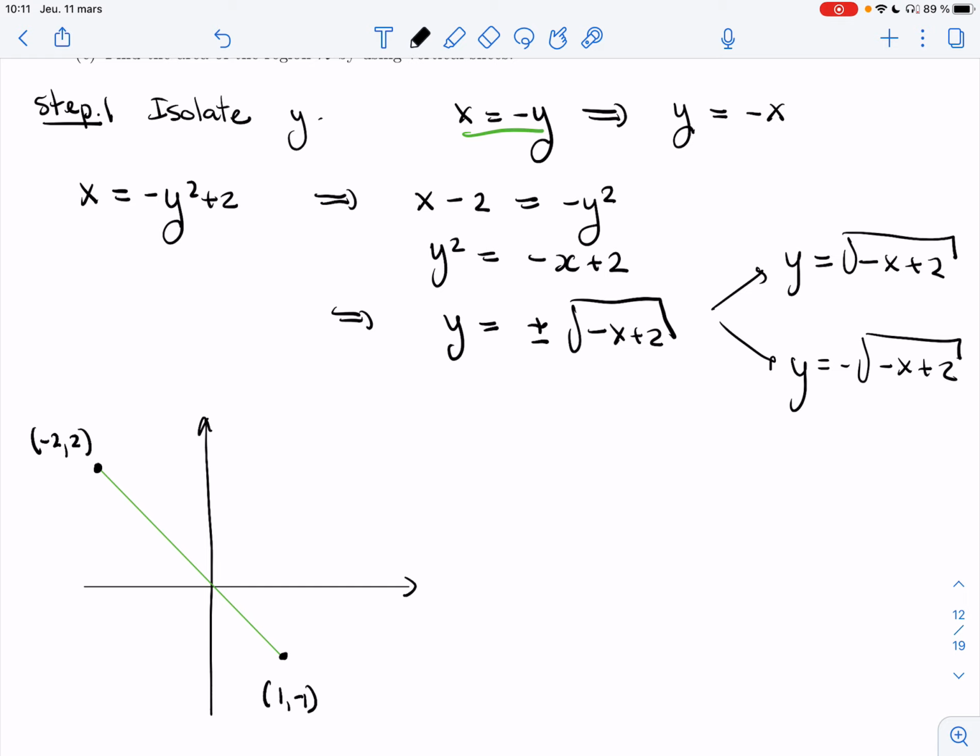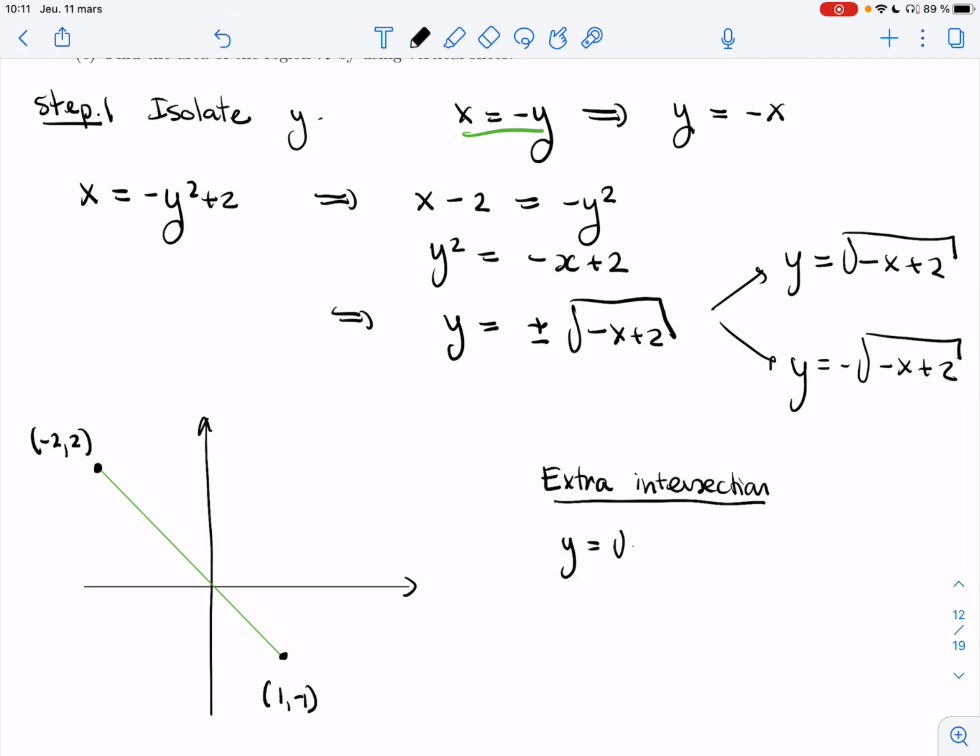So this will still be the intersection between this one and either of these. But now we are going to have an extra intersection point because these two different curves could actually meet, and they do meet.